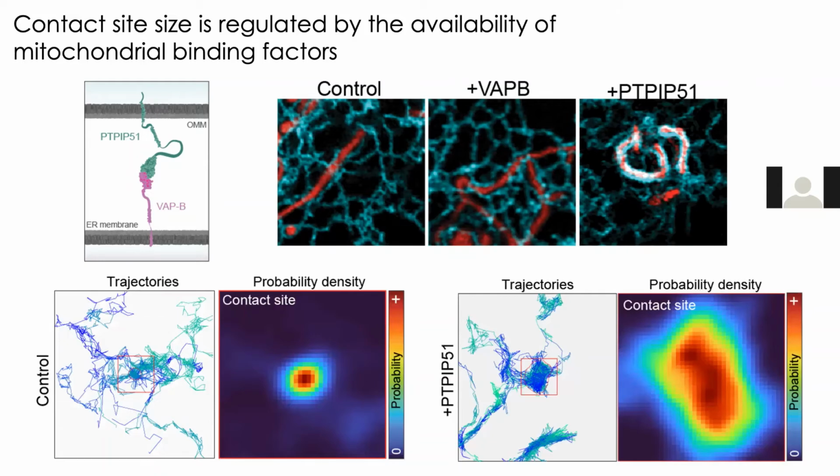We then went back and looked at trajectories in this situation to try to understand what happened. And as you might expect, contact sites in this situation are expanded. They show a significant increase in size as a result of the fact that there is now more binding factor available. And so the contact site is just spread.